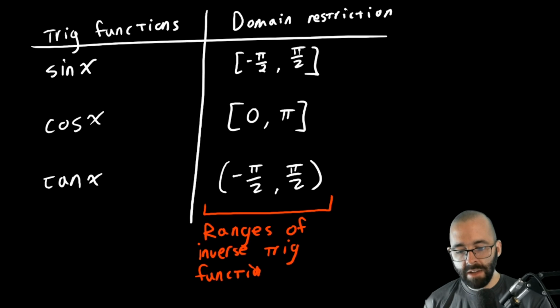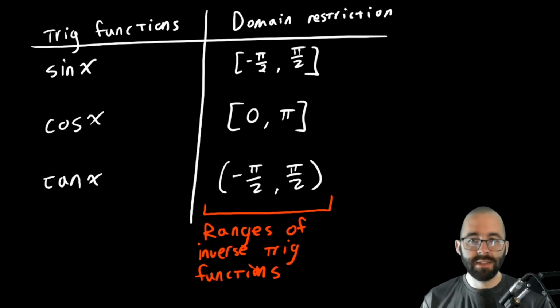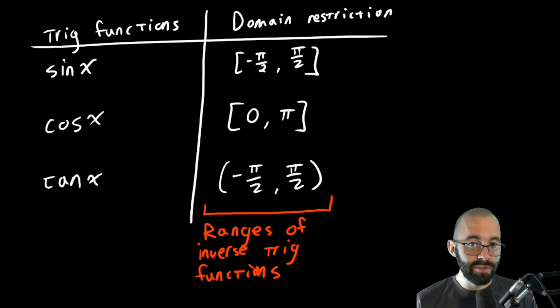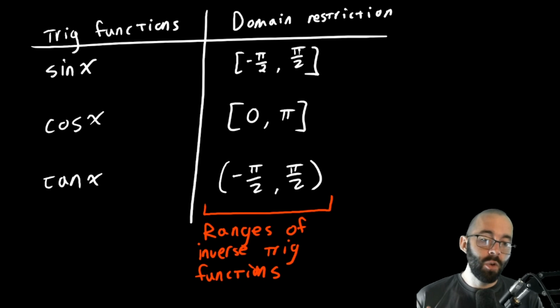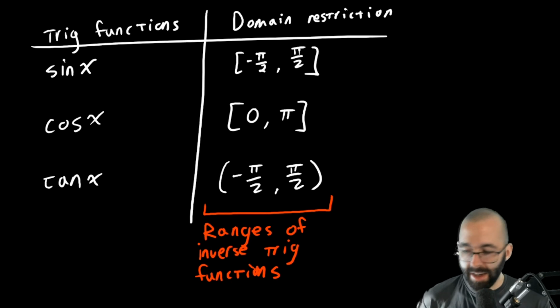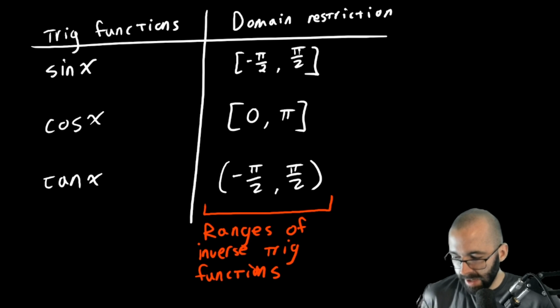Inverses are all about switching x's and y's. If x's are the domains of the original function, then y's are the range. So the domain of sine is the range of arc sine.